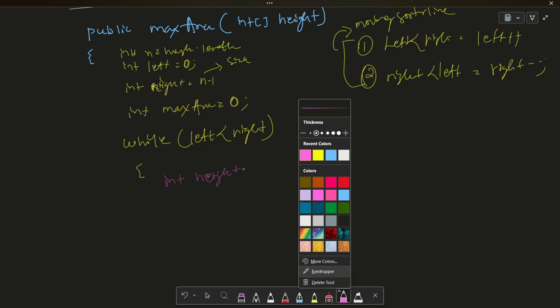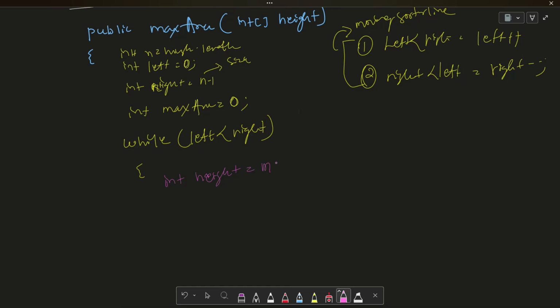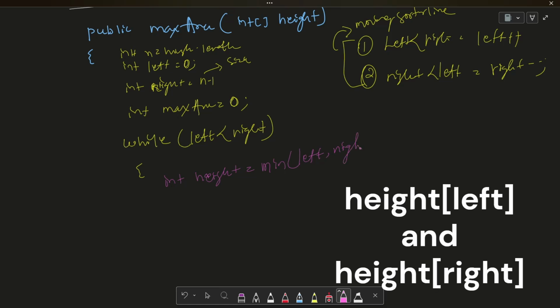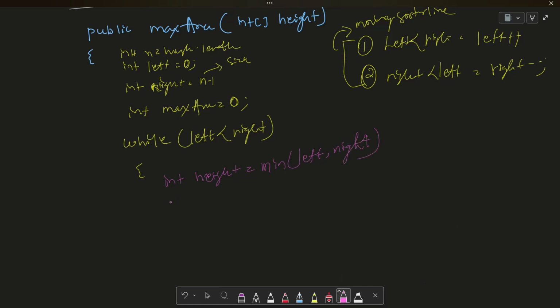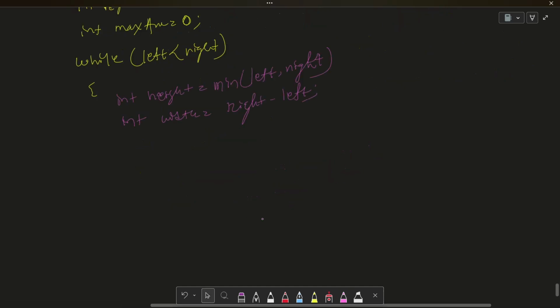Integer height is how much? Minimum between left and right. And width is right minus left. Now the area. Integer area equal to height into width.